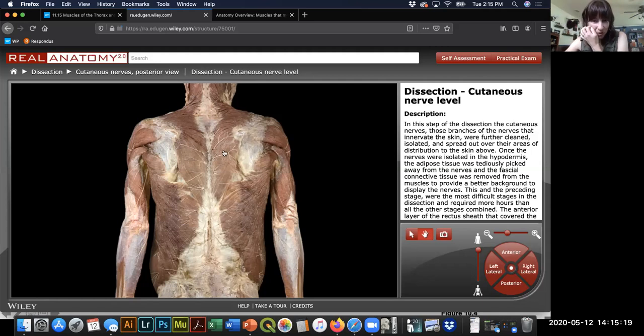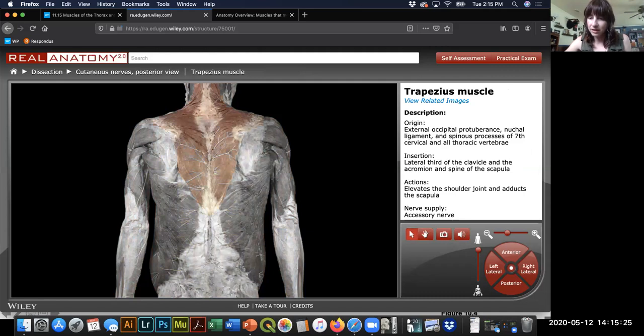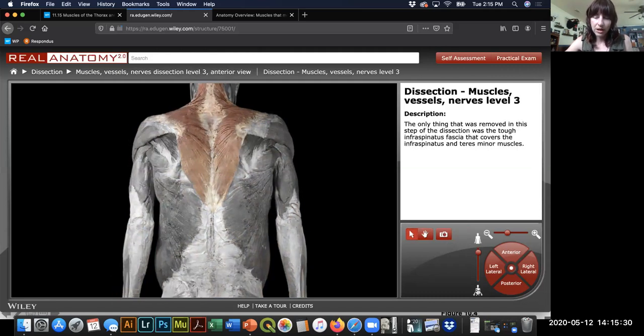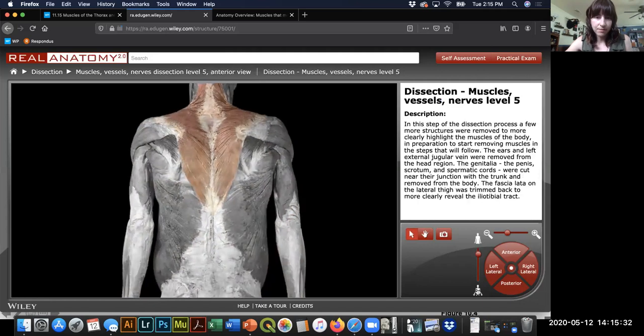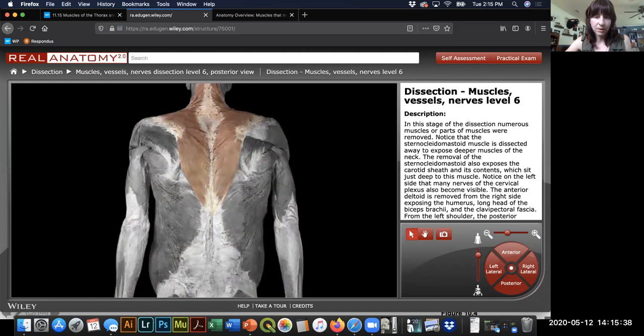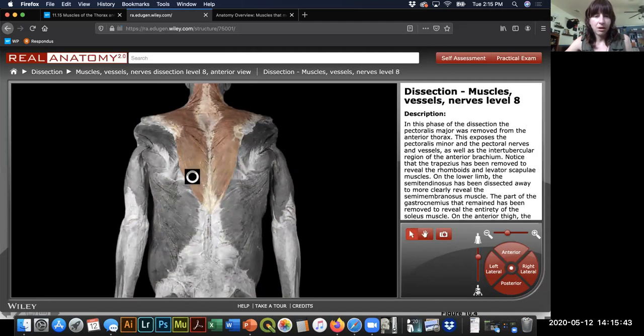So actually, if you dissect away this guy, oh, wow, I accidentally clicked on a nerve there. Pardon me, buddy. I don't know how long it takes to get that trapezius muscle dissected away. It is very superficial. I wouldn't expect it to take that long, but it looks like we're removing the deltoid muscle before then. Sorry, I'm just trying to get down to the rhomboid major.